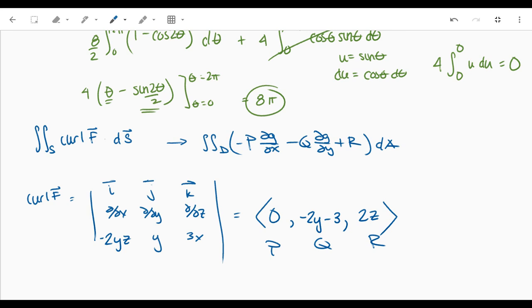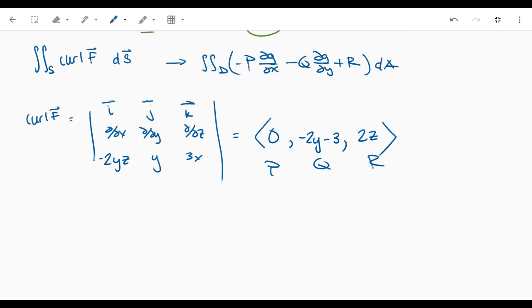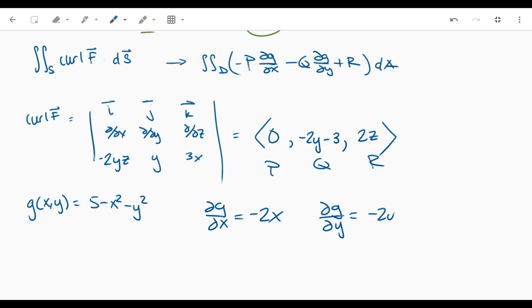Our surface, remember, was already solved for z. g of x, y is 5 minus x squared minus y squared. So dg/dx would be negative 2x. dg/dy would be negative 2y. Okay, so we've got the integral of negative p dg/dx, so that'd be 0.